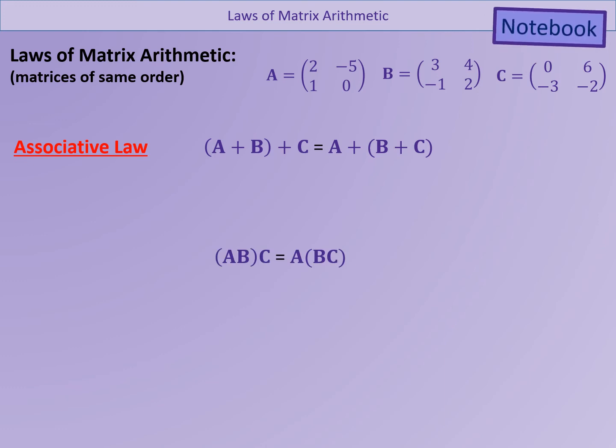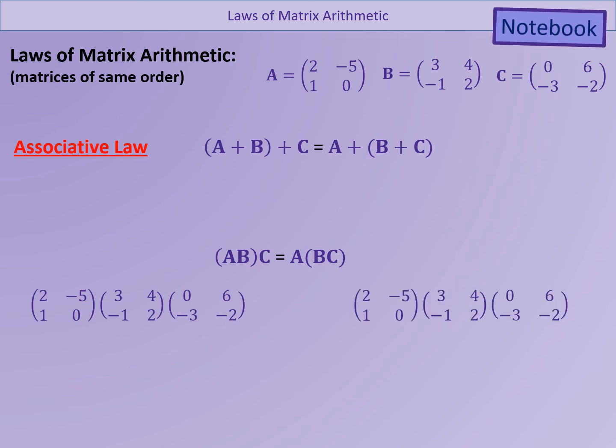If we want to multiply A, B and C together, we can multiply A and B together first and then multiply by C. Or we can multiply B and C together and then multiply by A. Now it's important that we still keep the order here of the A, B and C, otherwise this will not be true, as we know that matrices under multiplication are not commutative.